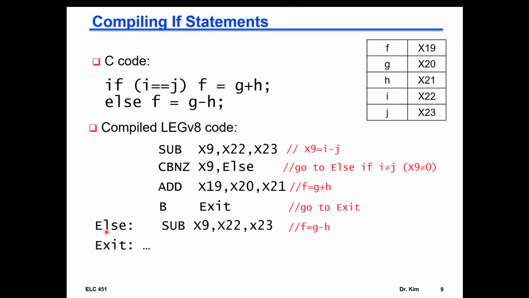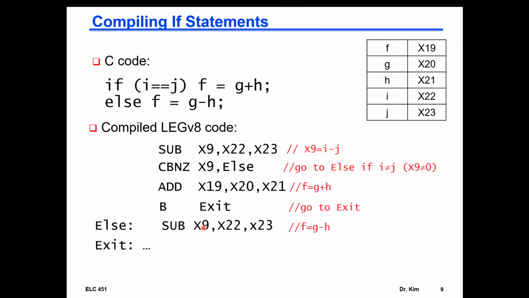And this is the exit. This is a mistake over here. This should be 19, because f is in register 19, and that's what gets a subtraction of h from g. So this line is actually incorrect.